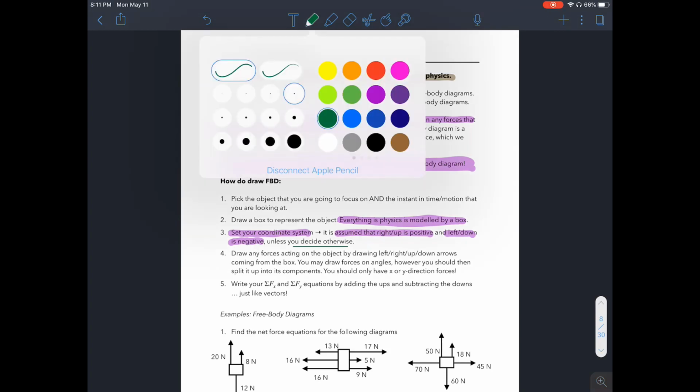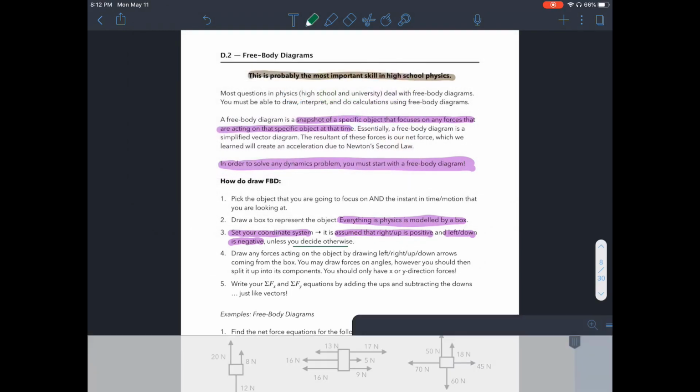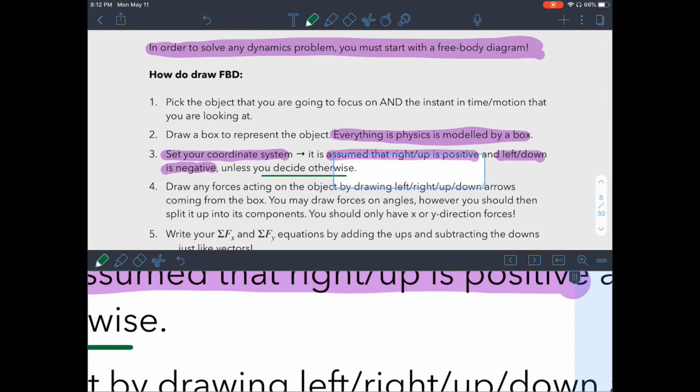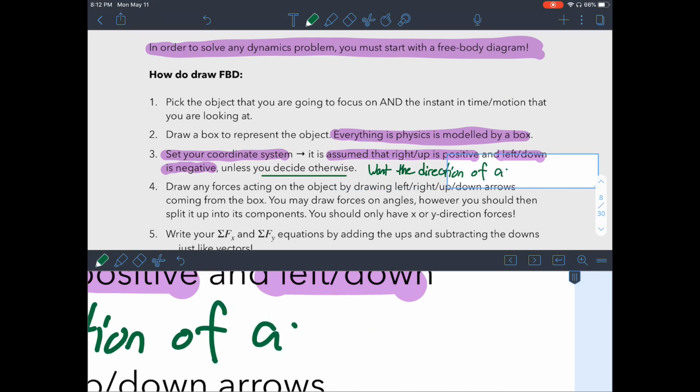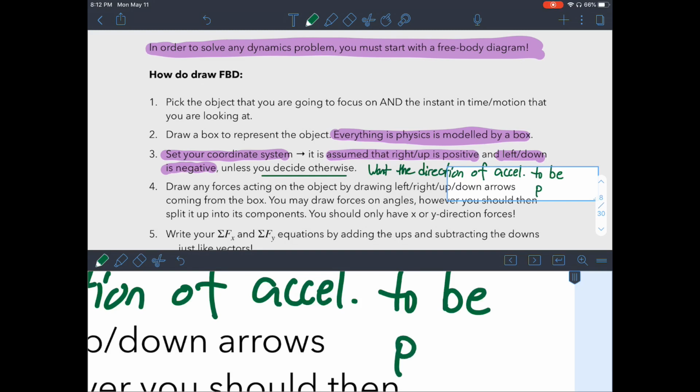Really, the biggest thing when it comes to setting your coordinate system is you want the direction of acceleration to be positive, okay?